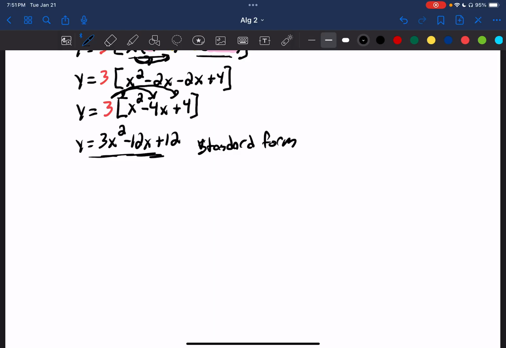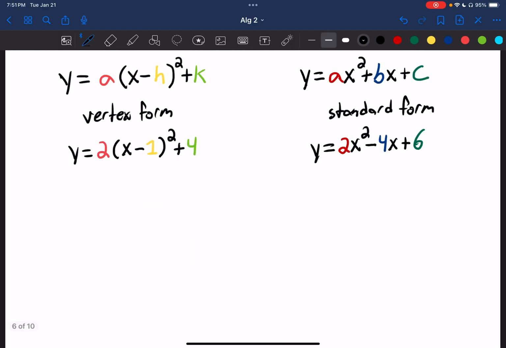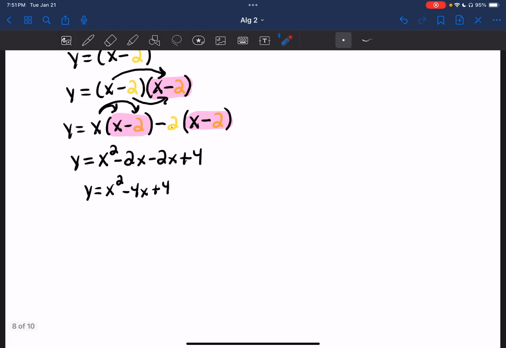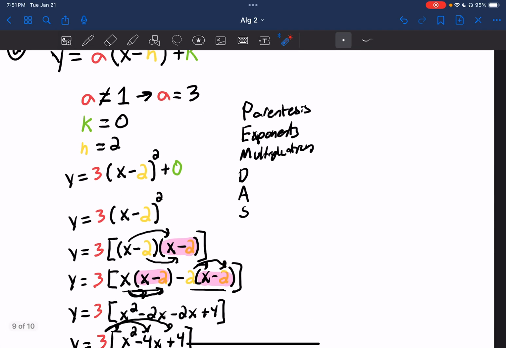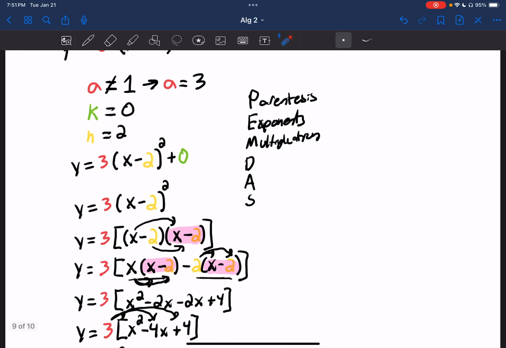And if you notice, it takes the same form as this equation over here, ax squared plus bx plus c. We have 3x squared minus 12x plus 12. We did that by first double distributing out this x minus 2 squared and then multiplying by 3.